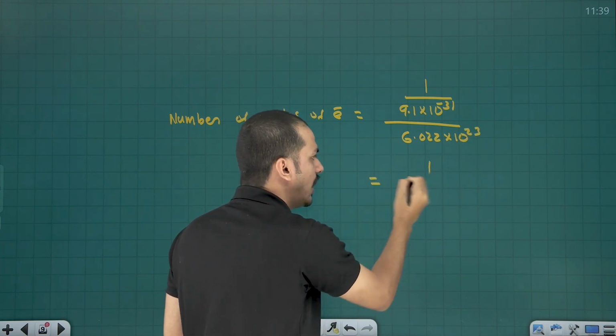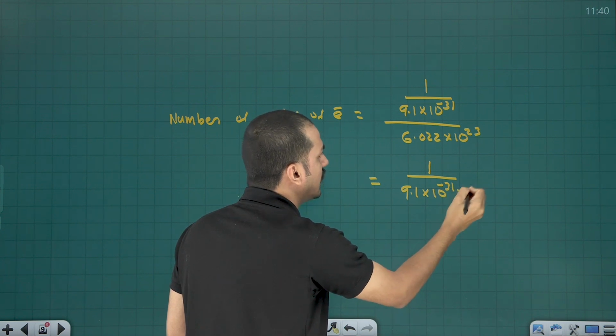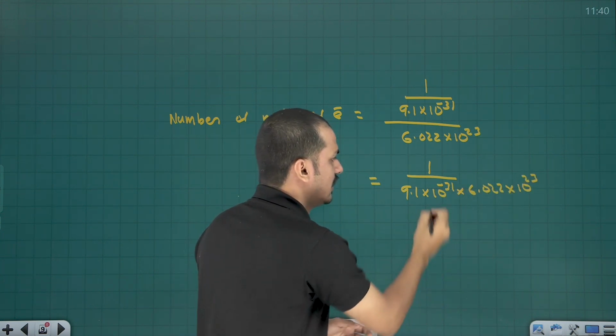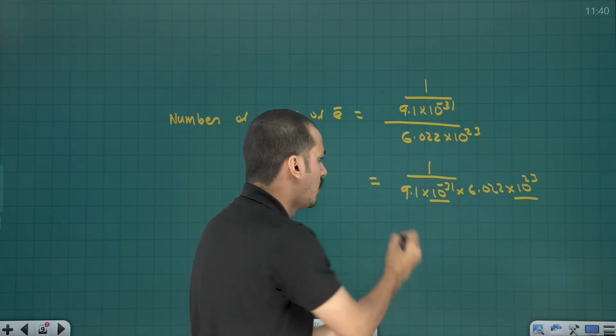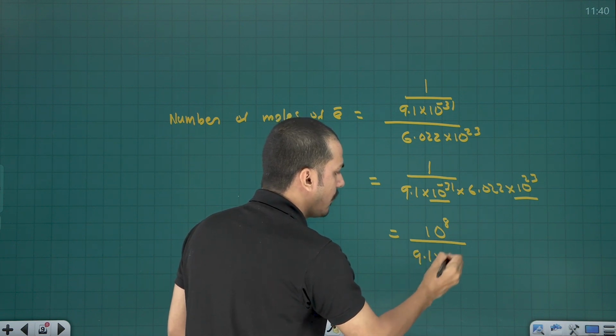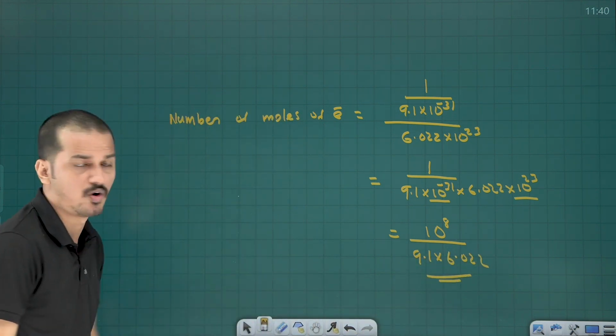So that is 1 by 9.1 into 10 raised to minus 31 into 6.022 into 10 raised to 23. 10 raised to minus 31 into 10 raised to 23 is 10 raised to minus 8. Taking it up, 10 raised to 8 divided by 9.1 into 6.022. That is the number of moles of electrons.